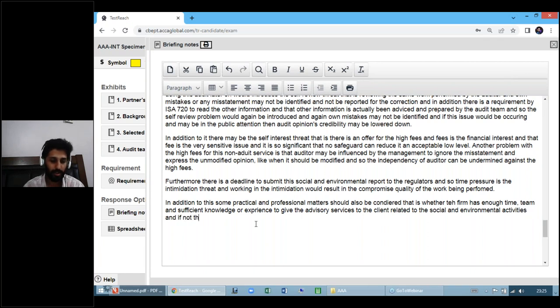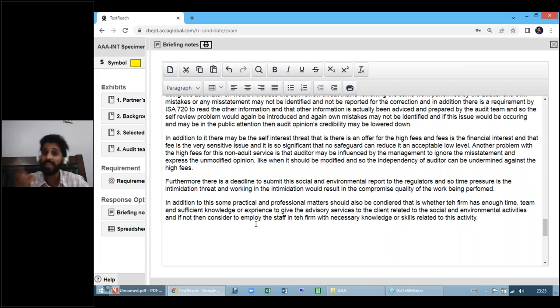And if not, then consider employing staff in the firm with necessary knowledge or skills related to this activity. Right now, I have discussed the ethical and the professional issues.